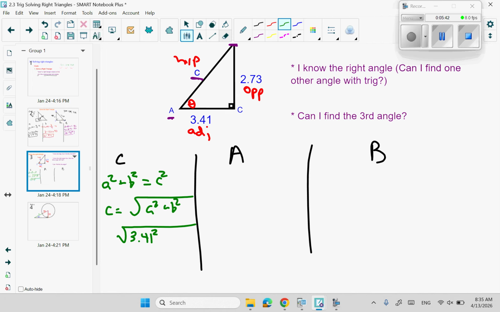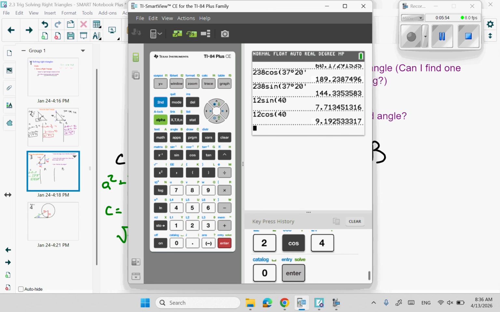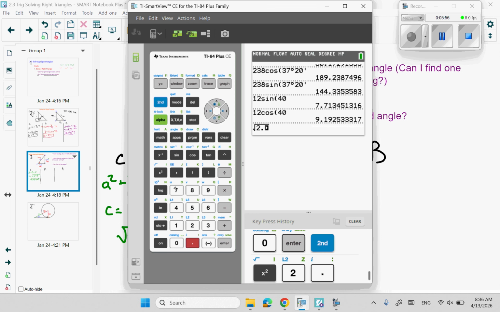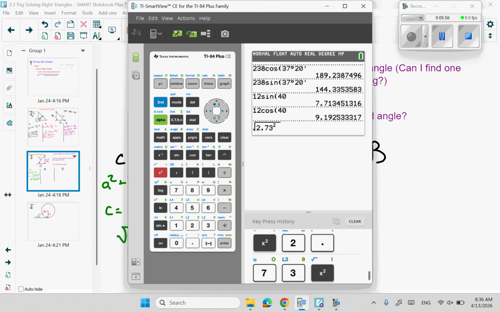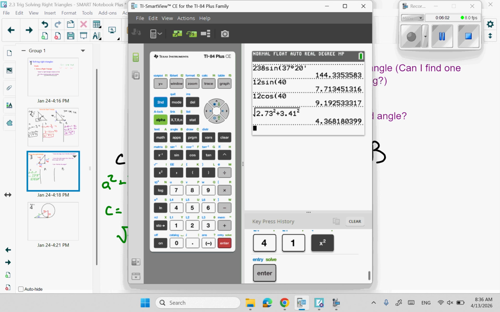I'm sorry, that would be b technically, because little a would be 2.73. So we get c is about 4.37.